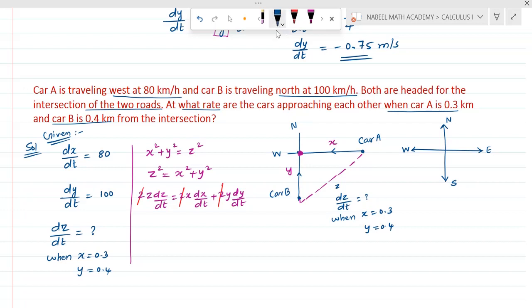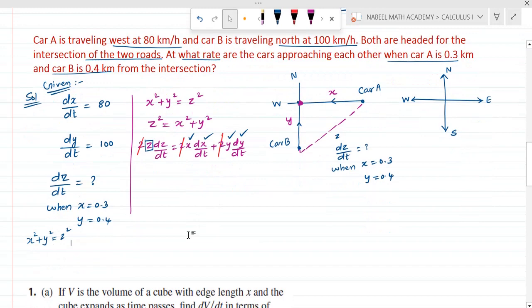So we have this one, and dx over dt, x is also there, y is also there, but still there is one term which is missing, z. So how will you calculate z? It is the same rule. I will make use of the Pythagoras theorem, z square, and since these two values are known, I can calculate the z value.